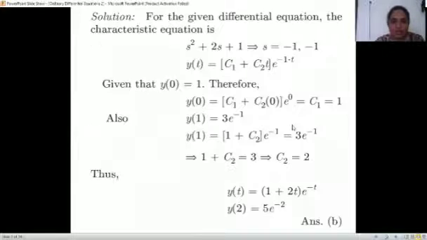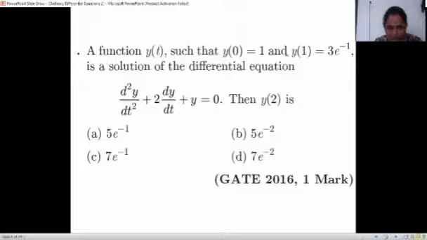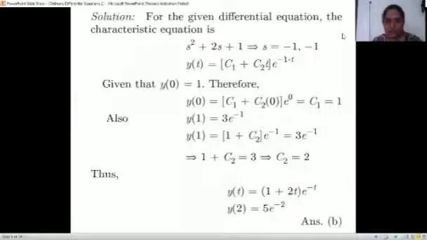Okay, I'll take you to the answer. So that's why your y of t is c1 plus c2 t e raised to minus t, and substituting the first condition, where we have to put t is 0 and y is 1, we get c1 equal to 1, right? Next condition is given y of 1, so at t is 1, y is 3 into e raised to minus 1.